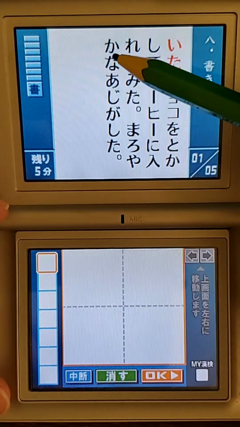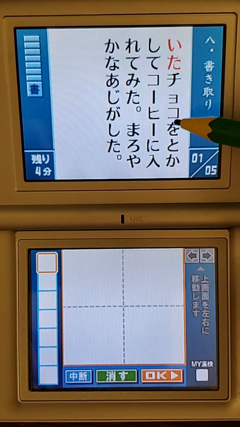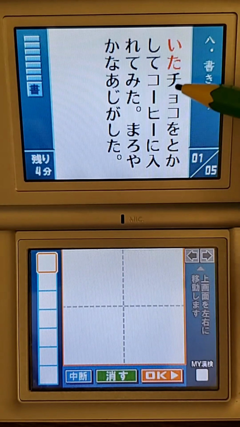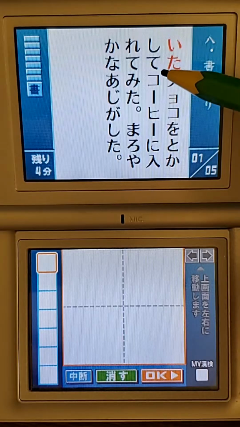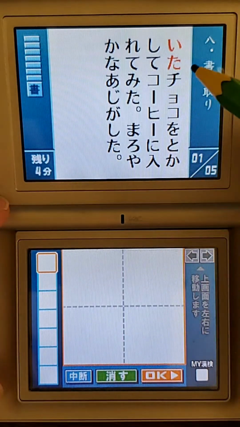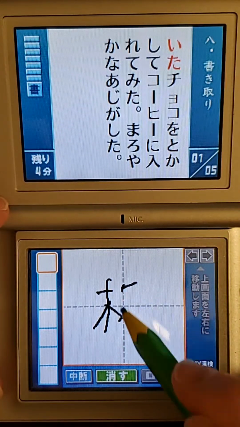I'm not sure what maroyaka means, but some kind of taste. So Itachoko, they melted a chocolate bar in their coffee. I'm not sure why, but just trying new things. No worries. No problem.